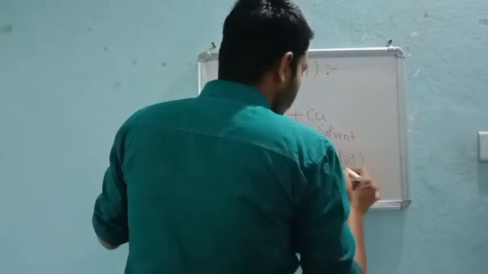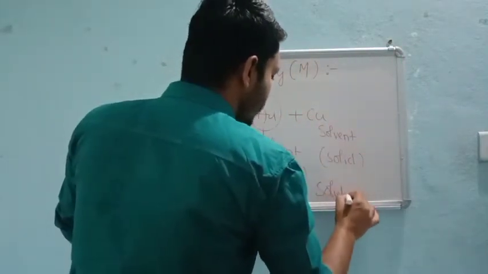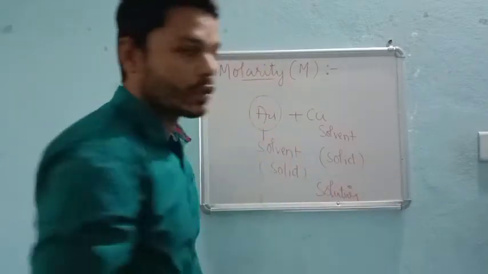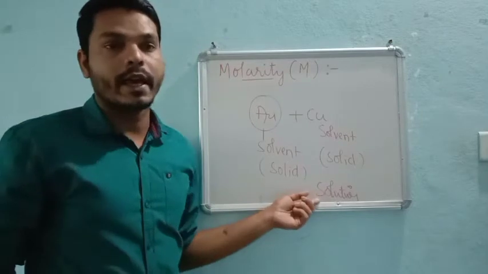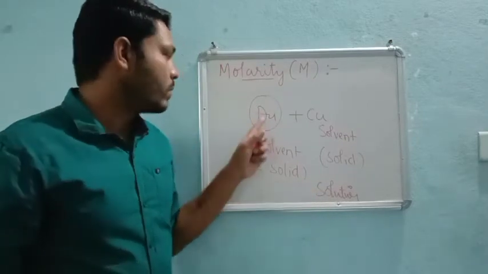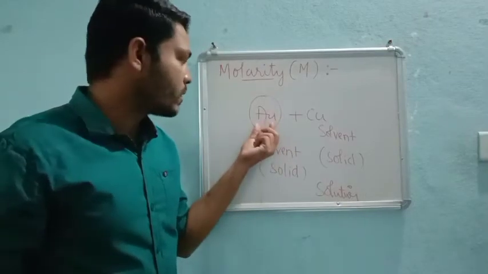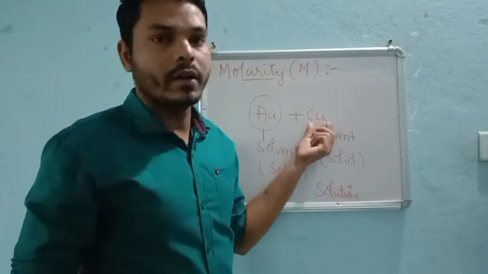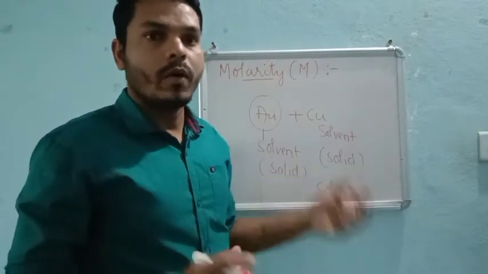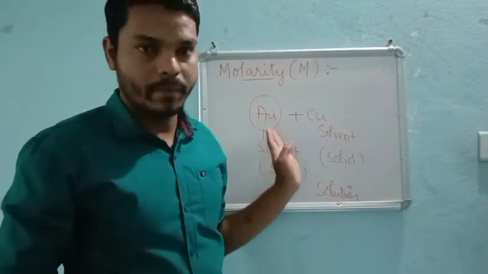The mixture of solvent and solute is what we call a solution. Don't think that only liquids are solutions. Even solids can be called a solution. This is very new for you, I think. If you add copper to gold, impurity will come. Impurity means it is not 100% gold, right?